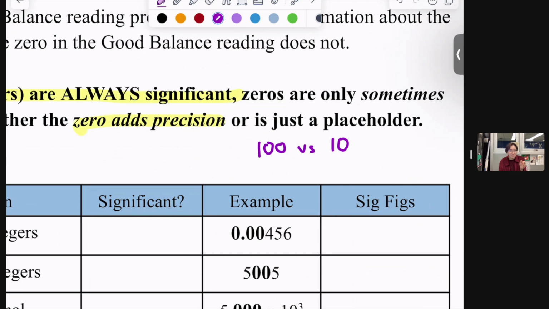They're just making them different numbers. But 10 versus 10.0, suddenly I am making a statement using that decimal place that both of these zeros are adding precision. It is 10.0, not 10-ish maybe. So if it's a zero that adds precision, it's significant.